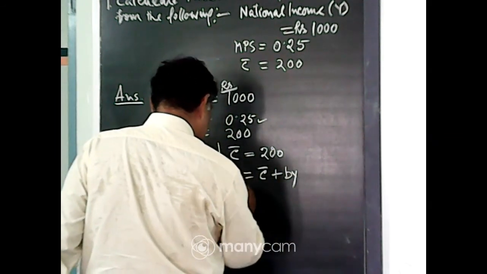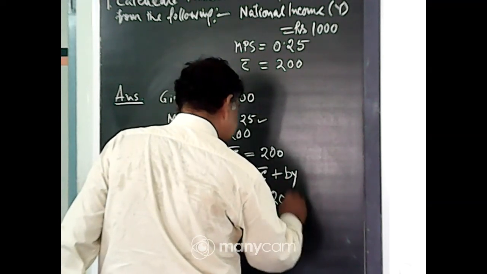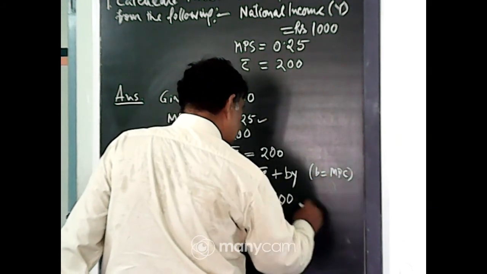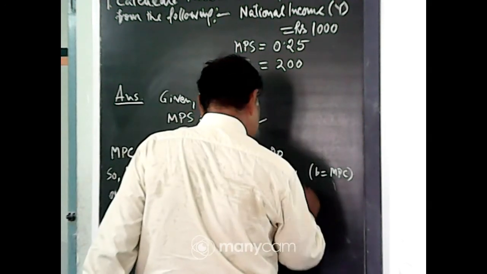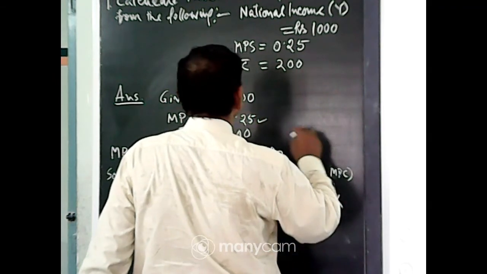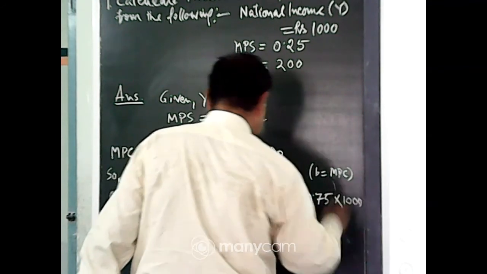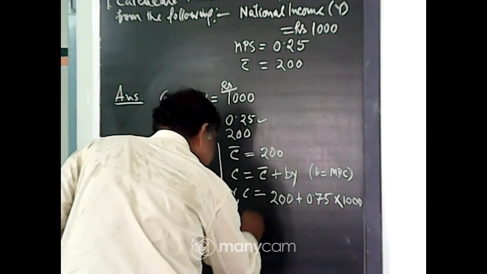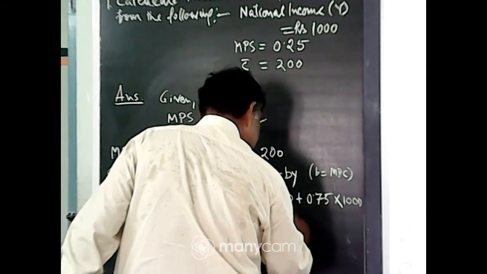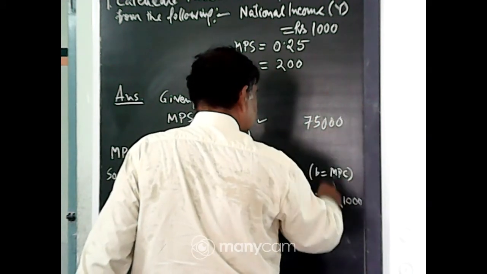C is equal to C bar, value 200, plus b, where b means MPC, 0.75, and Y is equal to 1000, given. So C is equal to 200 plus 0.75 times 1000. Multiply 75 with 1000, it will be 750.